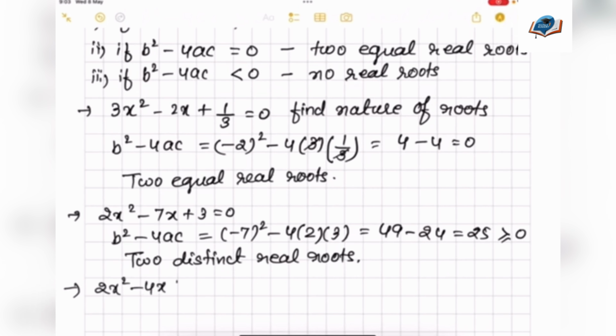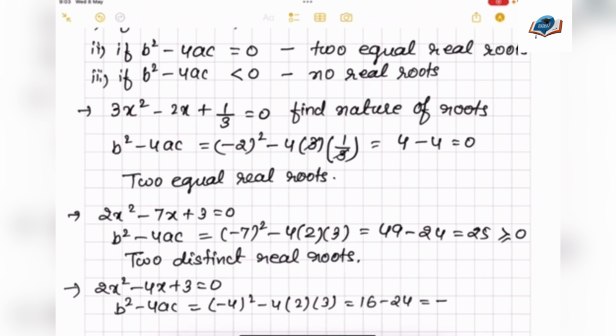So b square minus 4ac will be equal to minus 4 whole square minus 4 into 2 into 3. So that will be 16 minus 24, that is minus 8, which is less than 0. So I will directly say no real roots, as b square minus 4ac is less than 0.